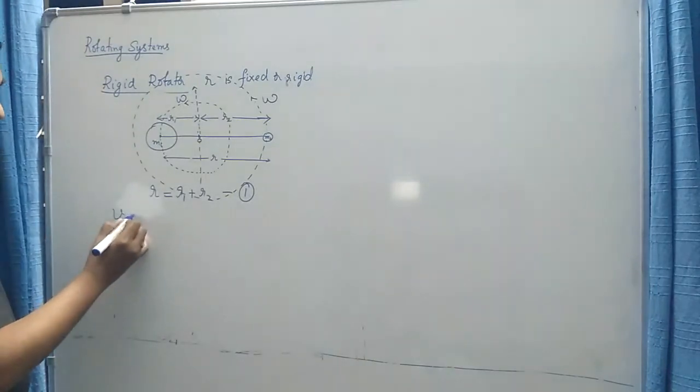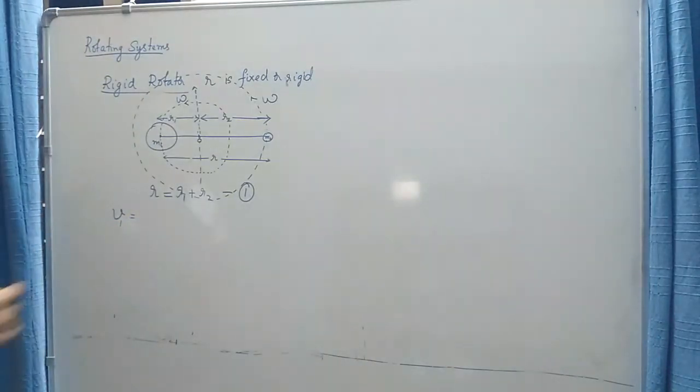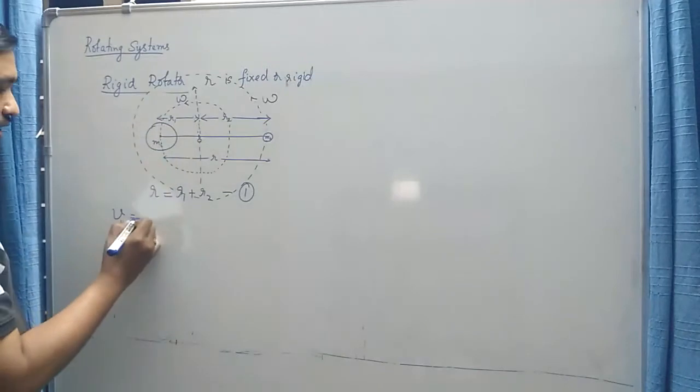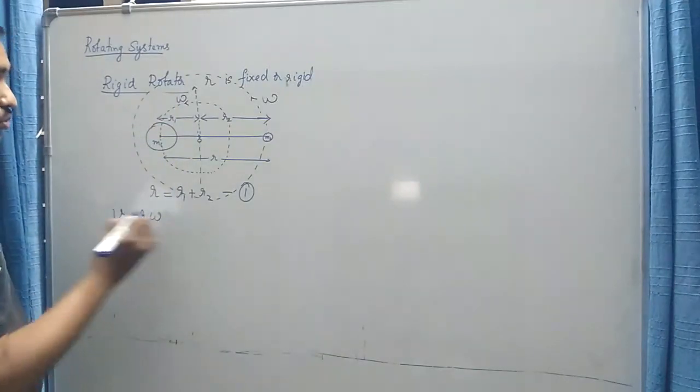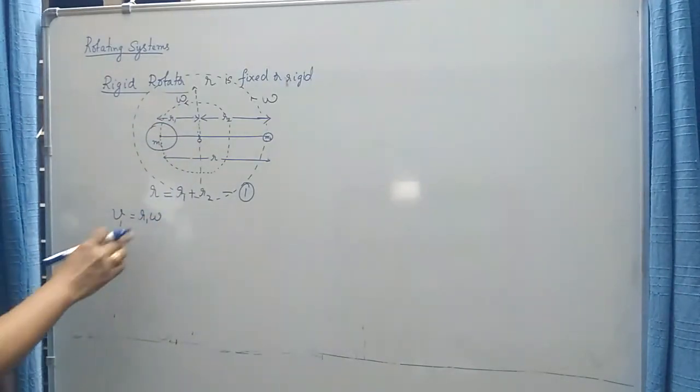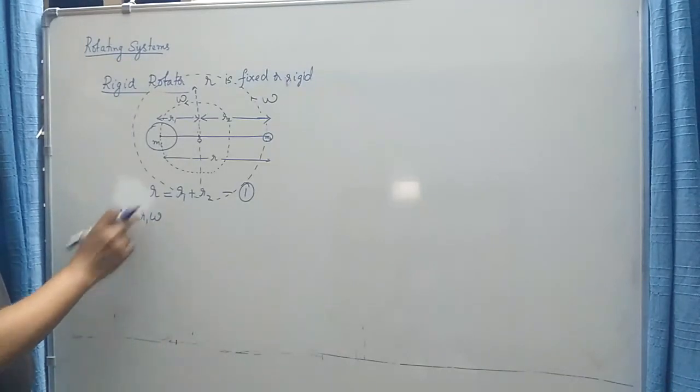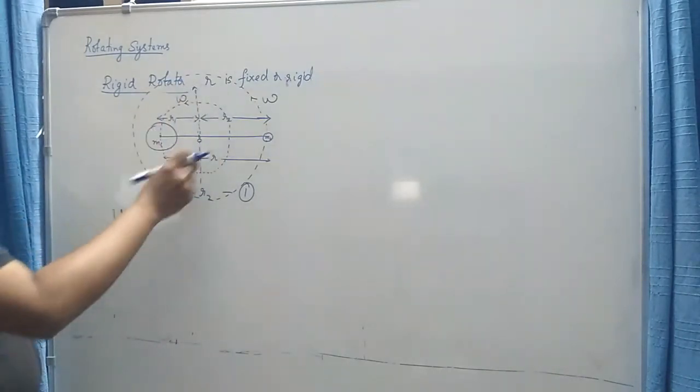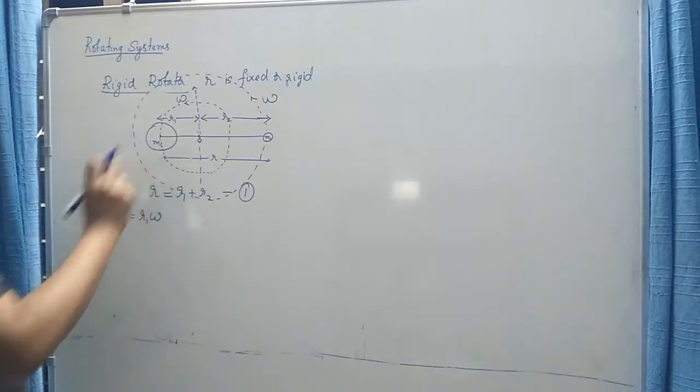So v1, the velocity of the particle m1, can be written as r1 into omega, where r1 is the radius of the circular motion of the particle having mass m1.